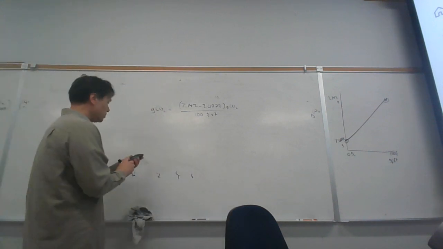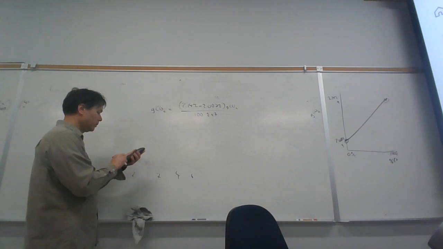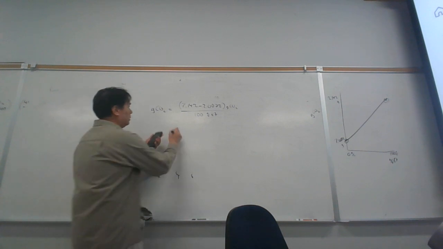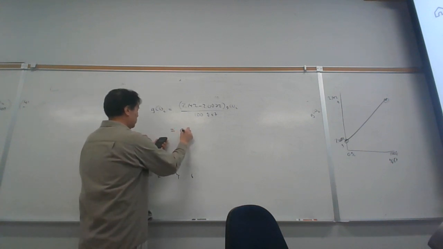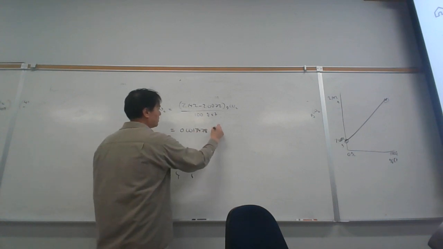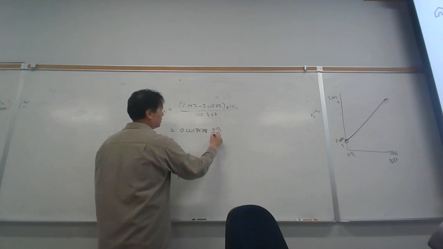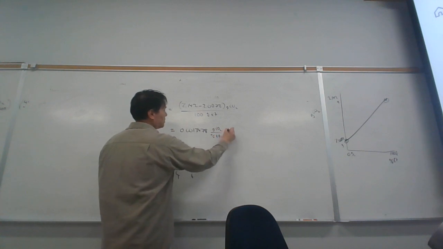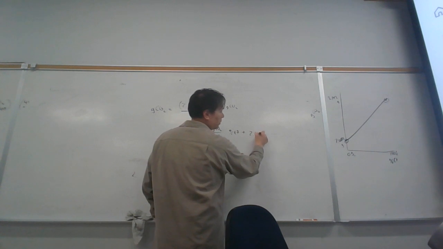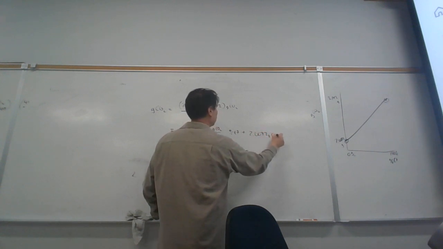So 2.142 minus 2.0072 divided by 100. So this comes out to 0.001348 grams of CO2 per percent ethane times the percent ethane plus the intercept, 2.0072 grams of CO2.